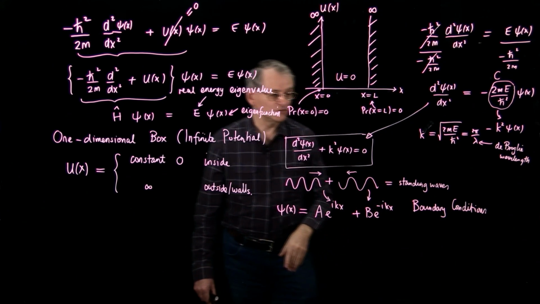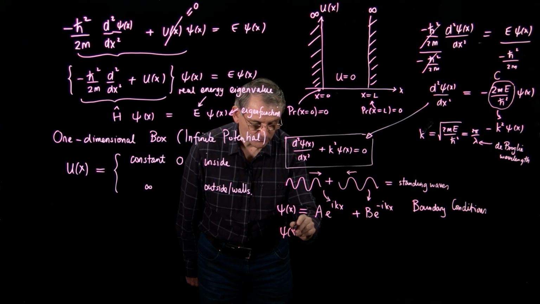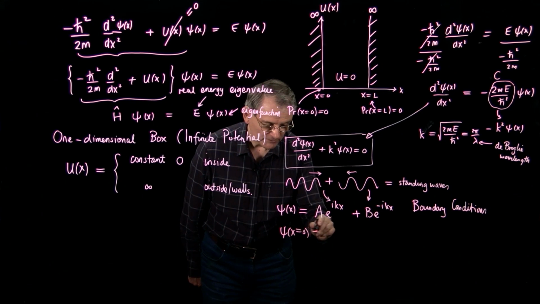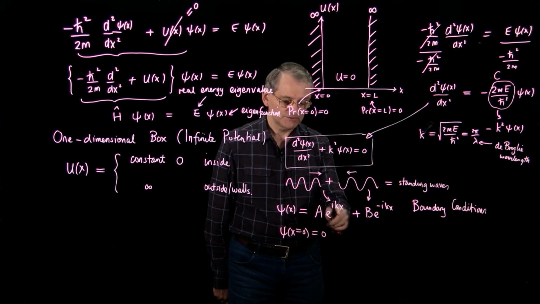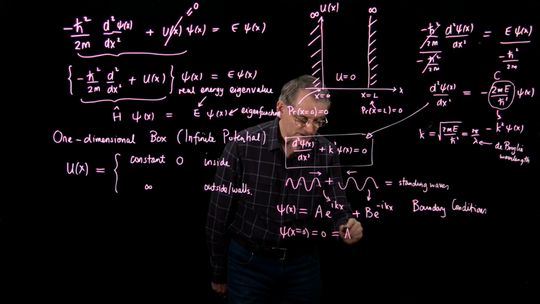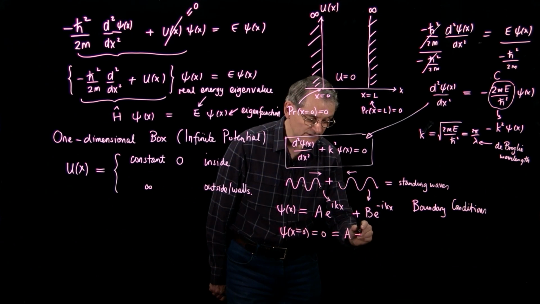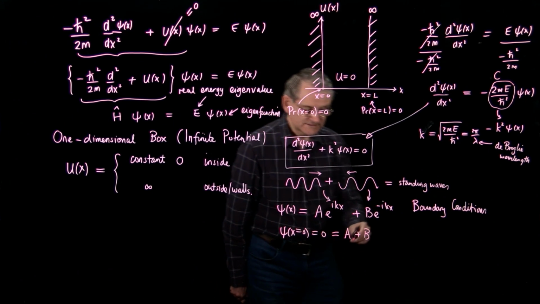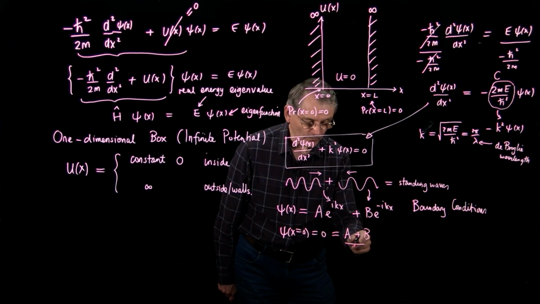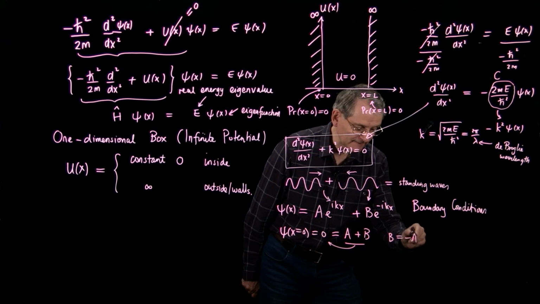And so I'll just impose the boundary condition that the wave function at x equals 0 must be 0. But if I put x equal to 0 here, I get e to the 0, which is 1. So this is the same as a. And if I put x equal to 0 here, I get e to the minus 0, which is also 1. So it's b. And since that must be equal to 0, this means that b is equal to minus a.